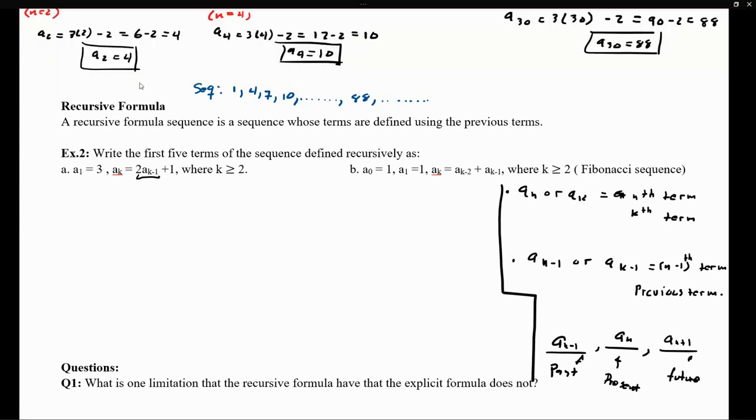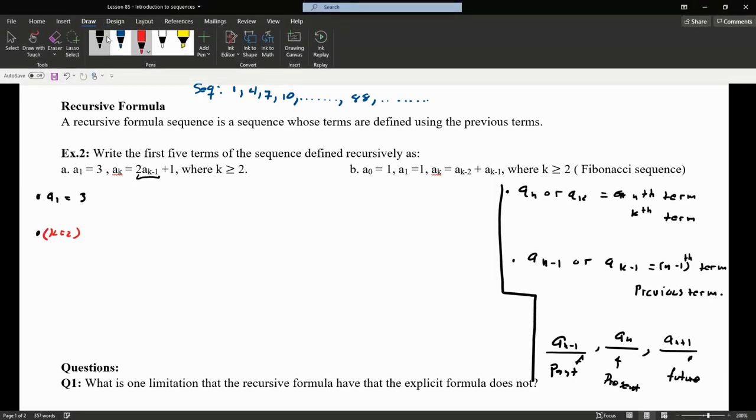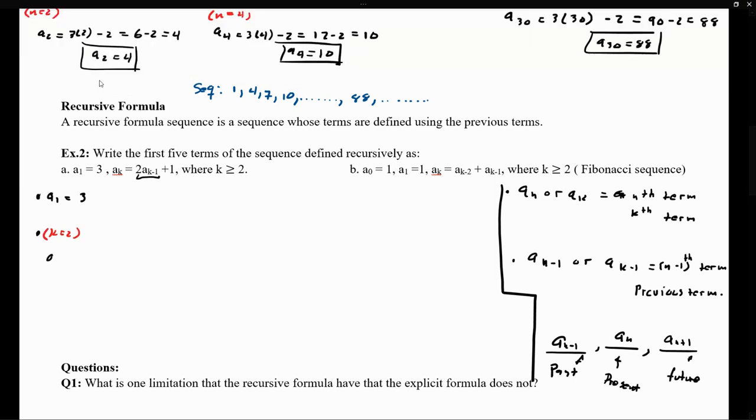Now that we have introduced this notation, let's actually use the recursive formula. Our objective is still the same: write the first 5 terms of the sequence. Notice that my first term is already given to me. My first term is a value of 3. How can I find the second term? I need to let k be equal to 2, which gives a subscript of 2, exactly what I need. Now a of k minus 1 becomes a of 2 minus 1, which is just 1, and then plus 1.